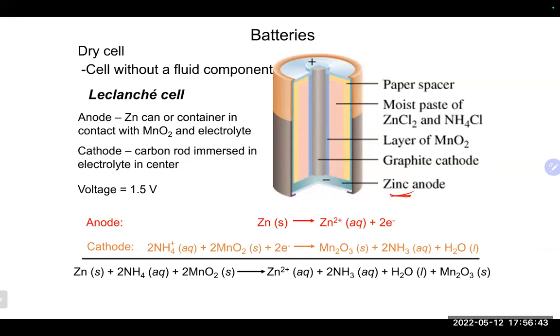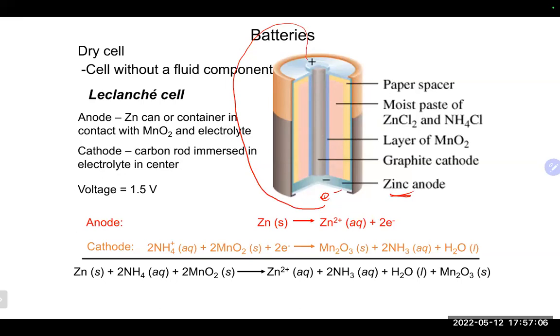We also have a carbon rod through here that is working as our cathode. So you pop that in there, there are wires right in your device, and electrons go out through the wires and do their work, and end up back at that side to complete the circuit.